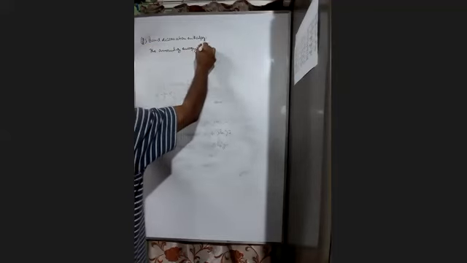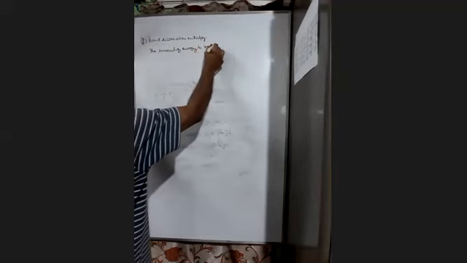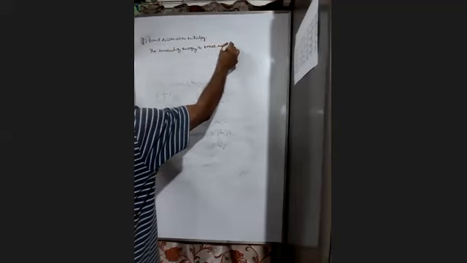So what is the definition? The amount of energy to break 1 mole of bond is called bond dissociation enthalpy.